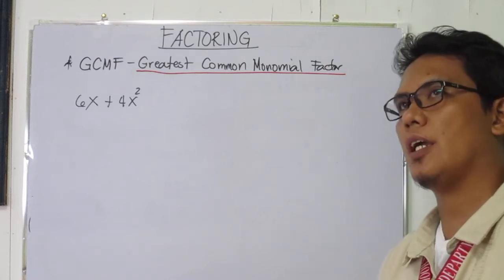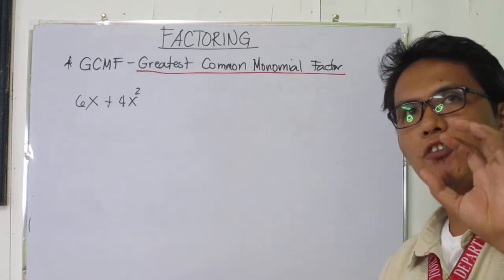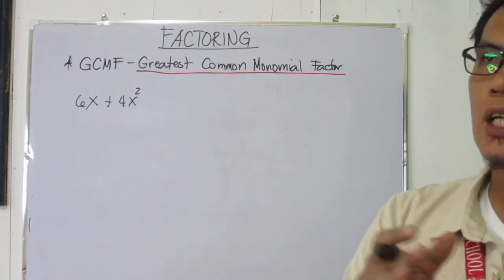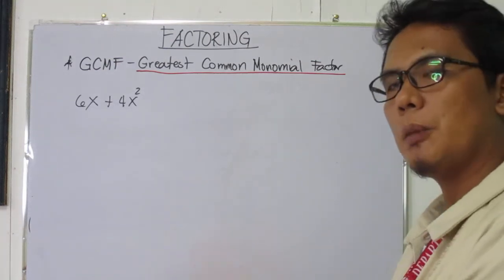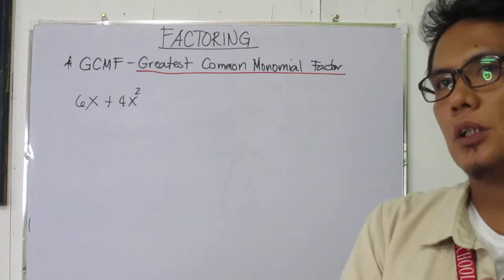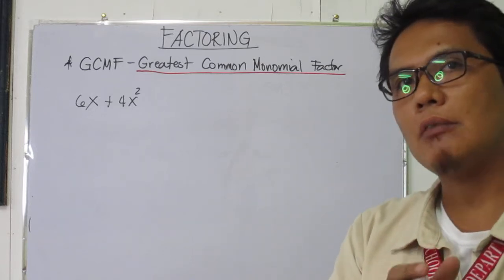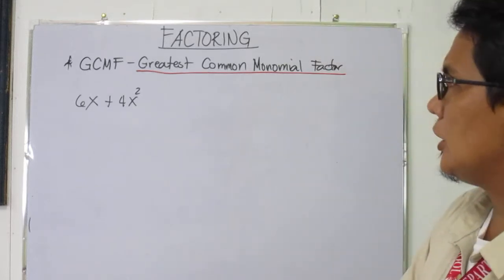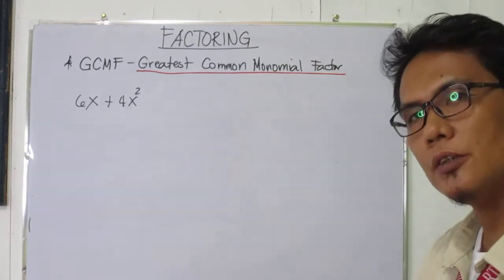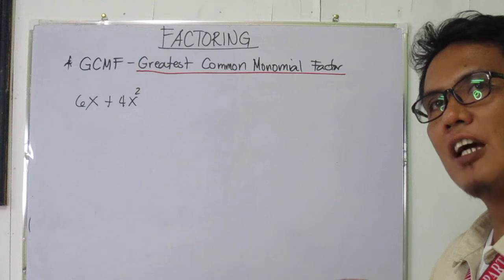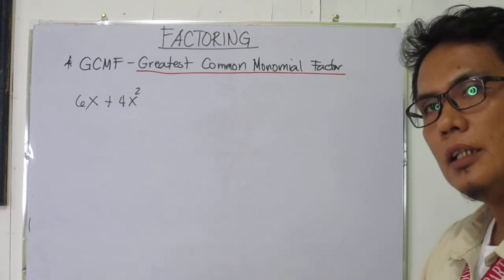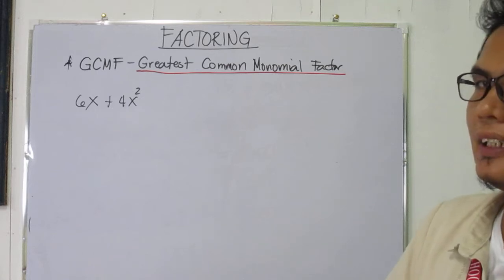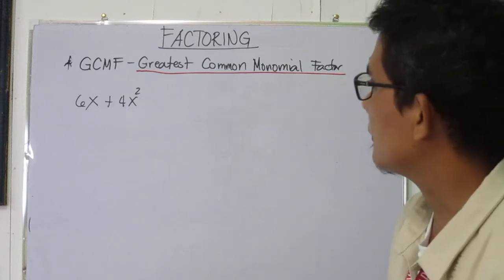The word common means that if you're going to factor out an expression, that number or expression can be found in all of the terms of our polynomial expression. We're going to factor out one term only, which is the greatest common among all the terms. So that is what we call the greatest common monomial factor.